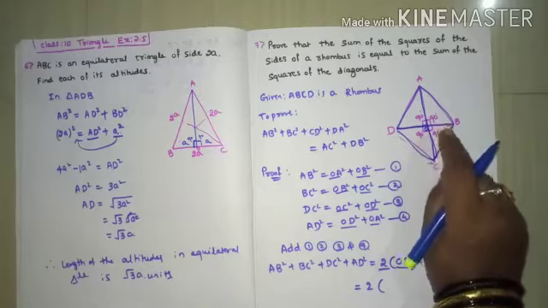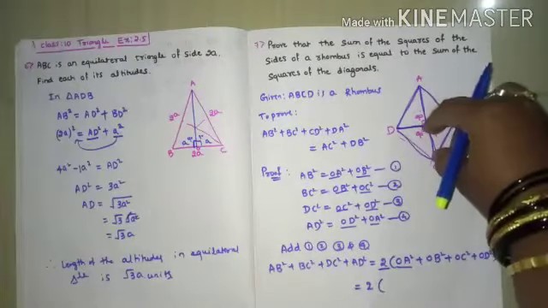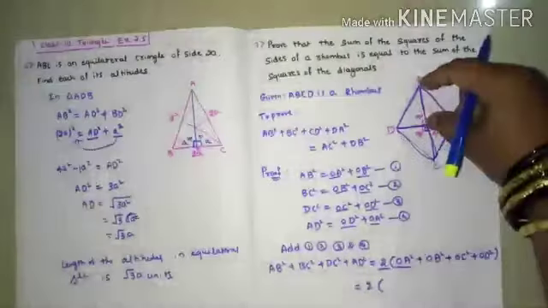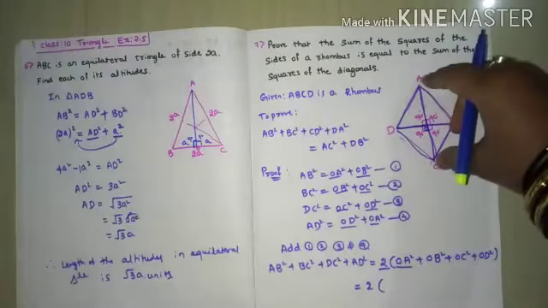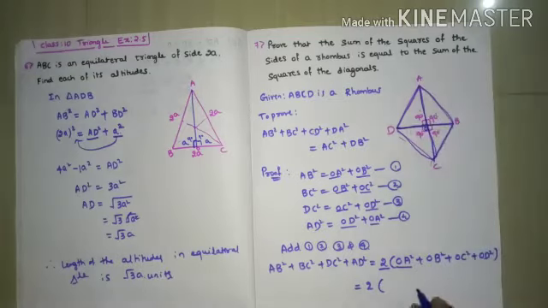Bisect each other means DB will divide AC into two equal parts and AC will divide DB into two equal parts. Here OA is half of AC, so I can write OA as AC by 2.